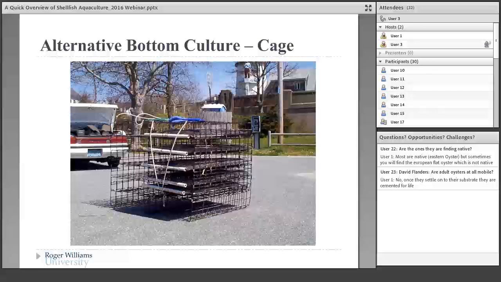This is another bottom system that is used in a little bit deeper water. This is called a bottom cage. As you can see, it's a wire mesh, basically just a shelf like a bookcase that allows those individual oyster bags to be slipped in on each of the levels of the cage. And then that cage is released onto the bottom as if it were a lobster trap or some kind of structure. It just sits on the bottom.